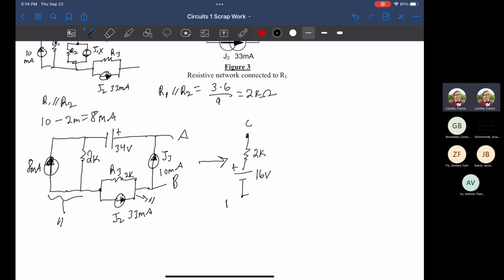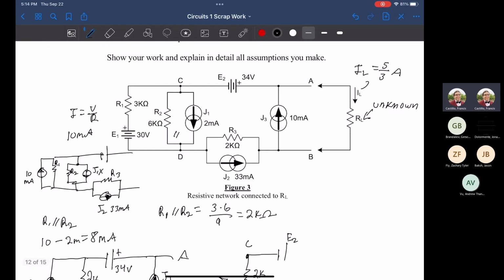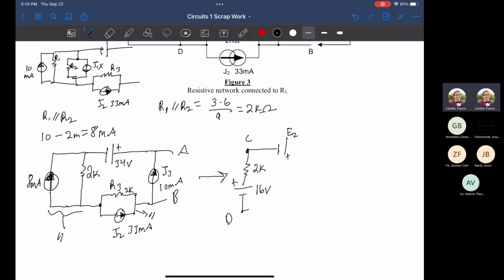Here is node D. And then click to the right side. This is untouched still. We have not done anything. I believe this is E2. And let's go up, just double check that. That is the case. E2, which is just a positive 34 volts.